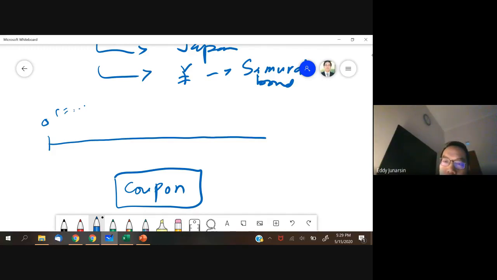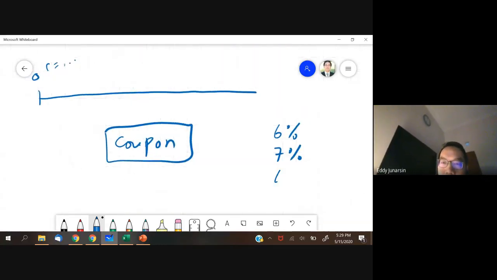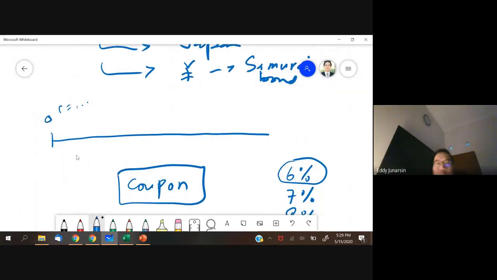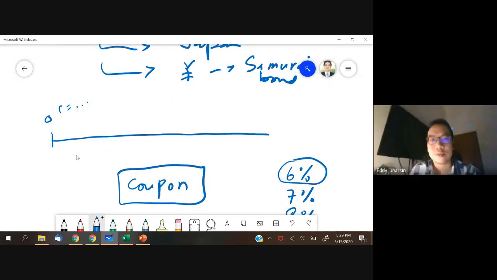Maybe 6%, 7%, whatever, 8% or anything. And finally, you decide on 6%. Tell me what is the logic of determining the interest rate that you will promise to your buyers?